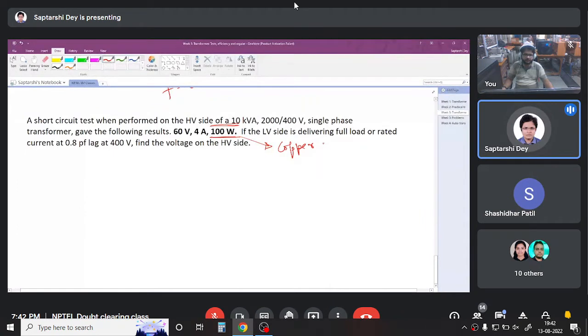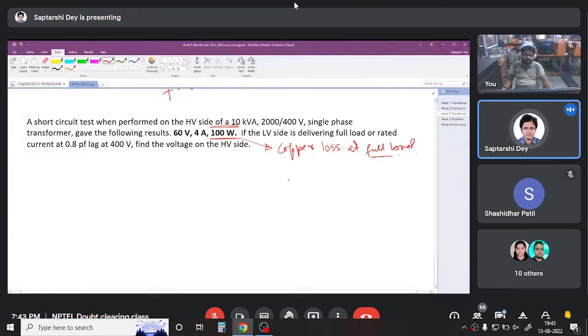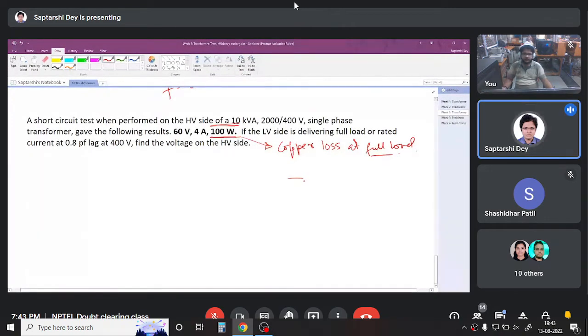The wattmeter reading is okay, but what does this figure signify? What happens in a short circuit test? You give a very low voltage and let full load current flow through the transformer. So the core loss is almost negligible because the voltage is very low, but the full load current is flowing. So whatever power you are getting is only a little bit more than the full load copper loss. The core loss is negligible in the short circuit test. This is the copper loss at full load.